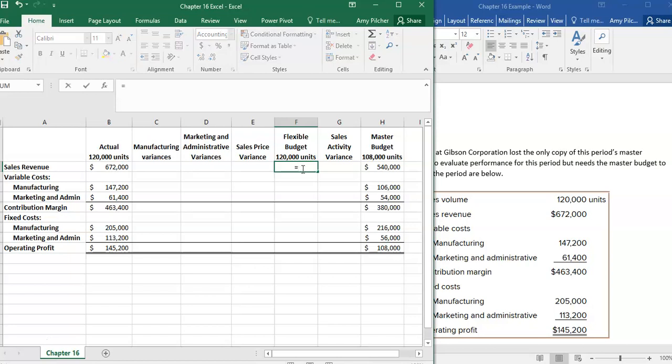So our flexible budget sales revenue is 120,000 times $5 per unit. Our marketing and administrative costs are budgeted to be 10% of sales. We take our sales revenue times 10%.